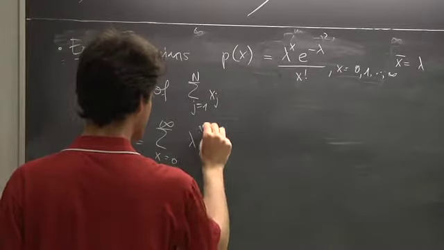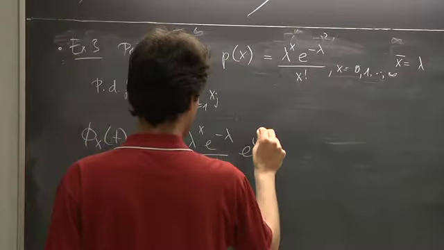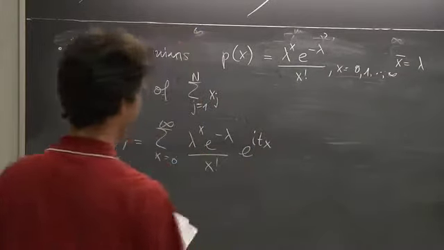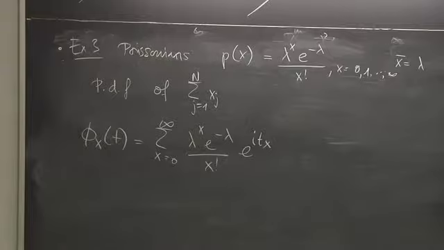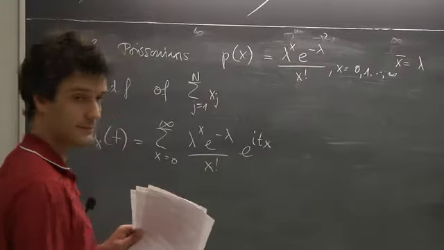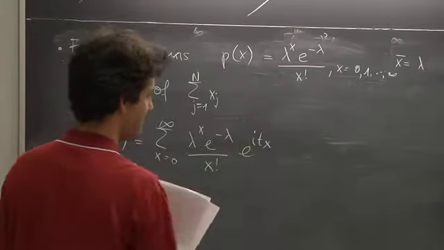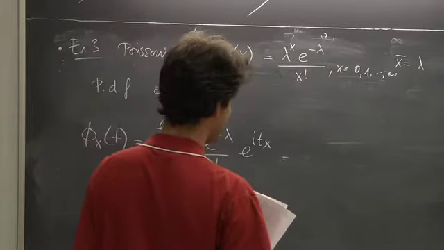So I write the probability distribution, and then e to the itx. Okay. So can somebody see how we sum that? Right. Okay. So what does this give?